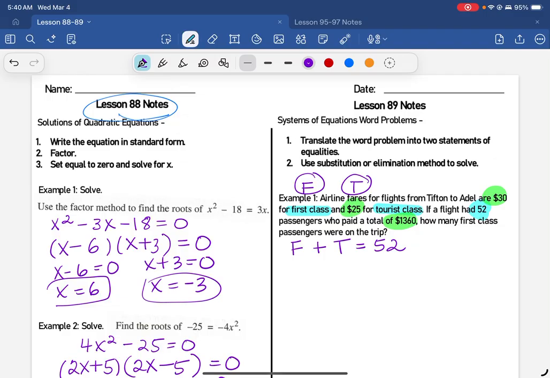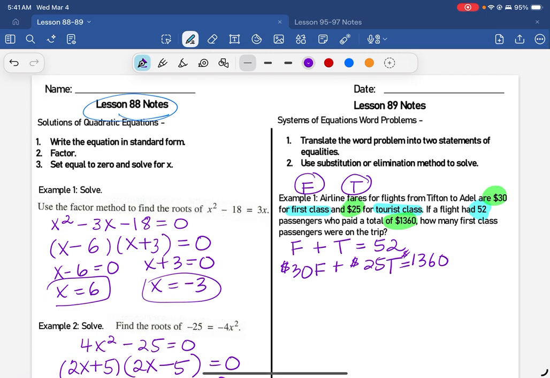So this should look very familiar, but this time they're using different types of word problems, not money and coin word problems. So let's put the $30 with the first class, the $25 with the tourist, and then the total amount of money, which is $13.60.